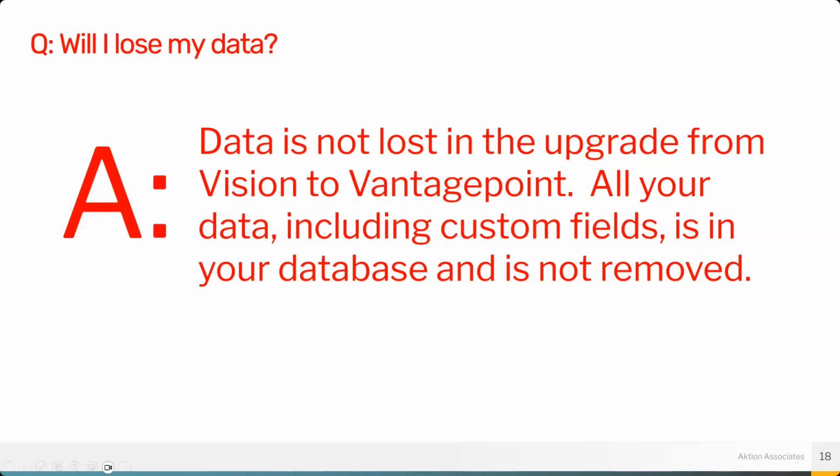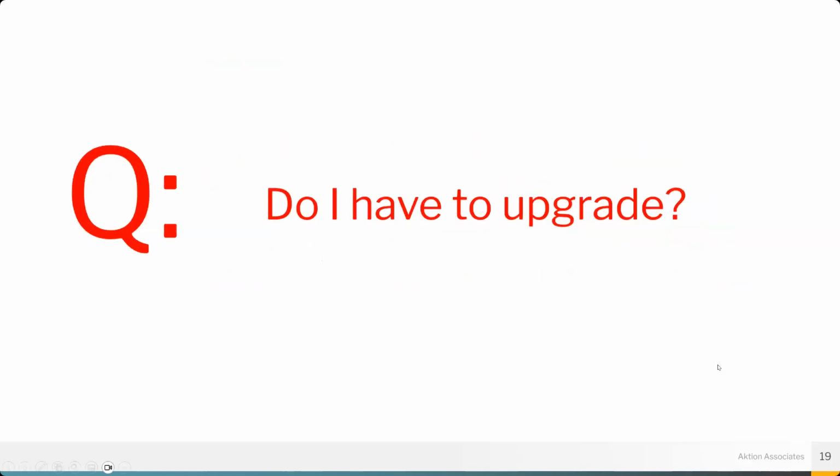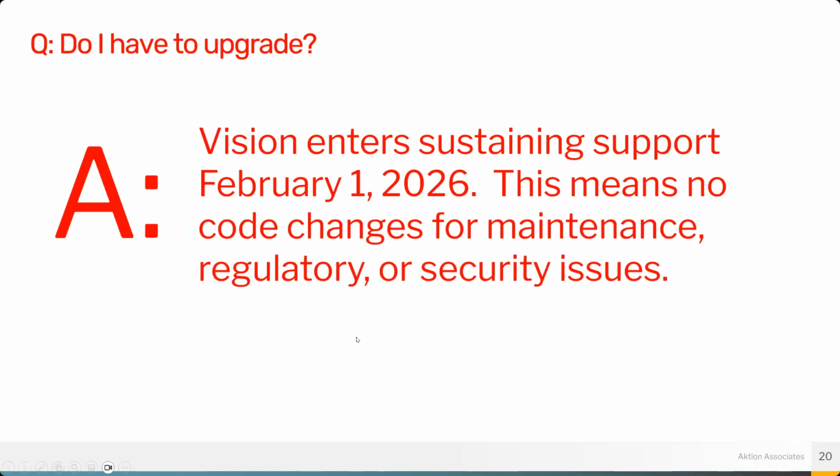All right. And our second biggest question? Do I have to upgrade? Well, Vision enters sustaining support on February 1st, 2026. So this means no code changes for maintenance, regulatory, or security issues. So you can continue using Vision up to that date, and you can continue using Vision after that date.